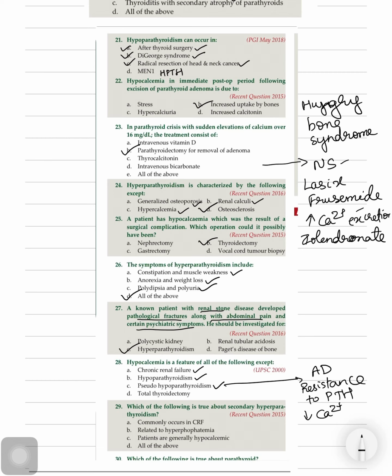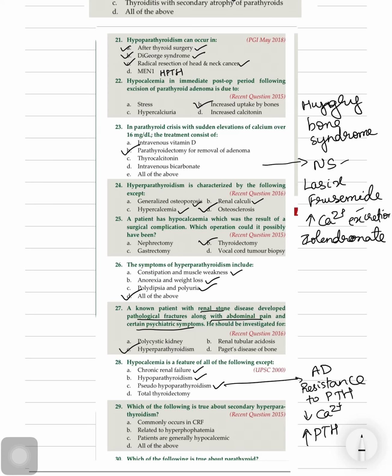Since there is resistance to PTH and low calcium, the body senses the low calcium levels and starts increasing parathormone secretion. Since there is low calcium and increased PTH, the condition is known as pseudohypoparathyroidism.